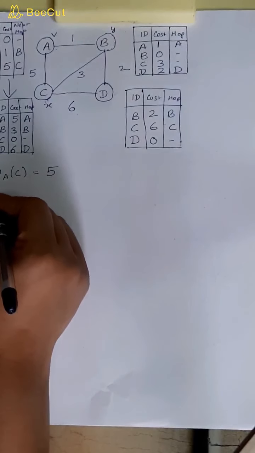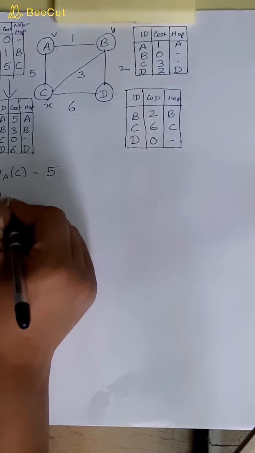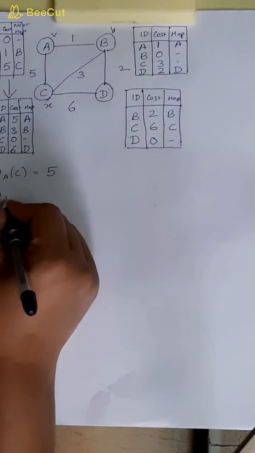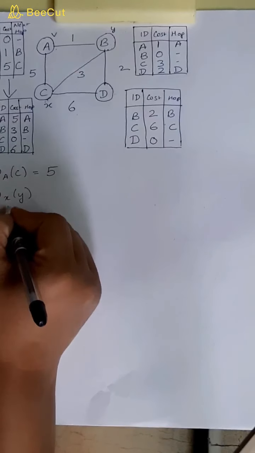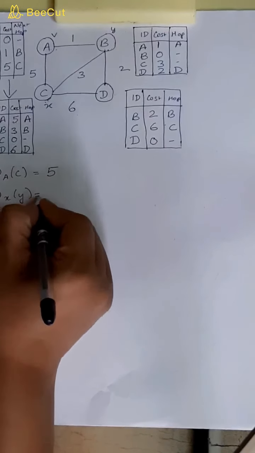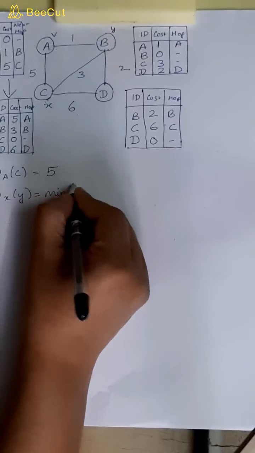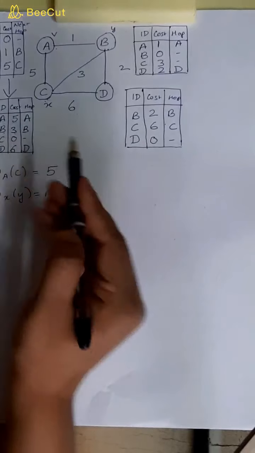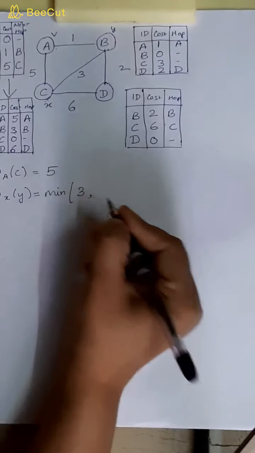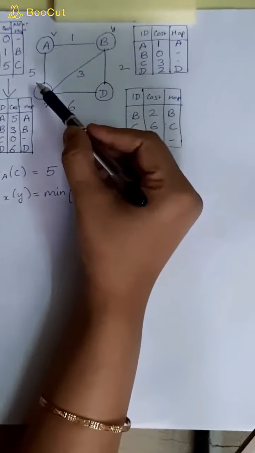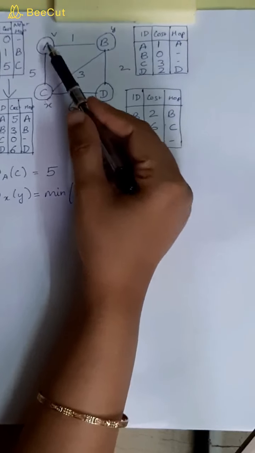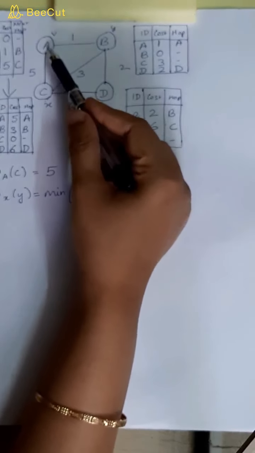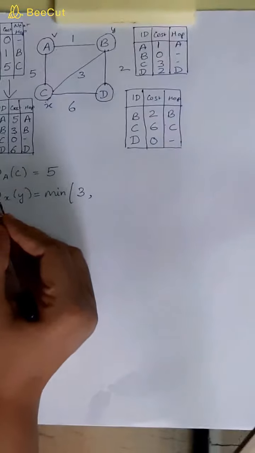So in this case, we'll check with distance of X to Y. That means from C to B is equal to minimum of current estimate. What is the current estimate to reach B? 3, comma, what you have to do? You have to check the cost to reach from C to A. From C to A, the cost is 5.